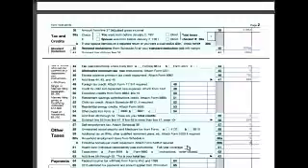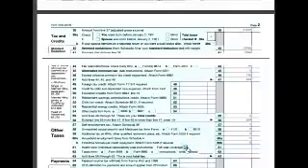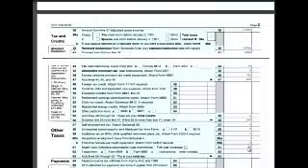First time home buyer credit repayment is 0. Healthcare individual responsibility: you have to click whether it was full year coverage or not. In this case, it was full year coverage. Okay, 0. And then this is 0.